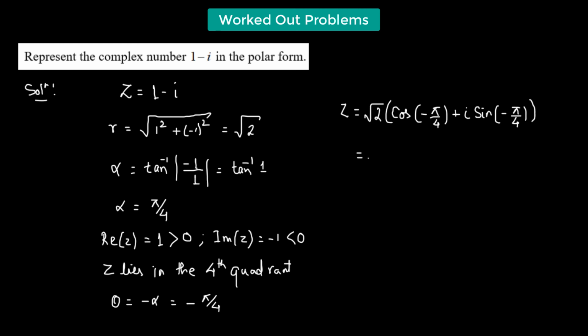That finally gives us square root of 2 times cosine of negative theta, which is always positive, so we have cosine pi over 4, and sine of negative theta is minus sine theta. So that gives us minus i sine pi by 4. So this is the polar representation of the complex number 1 minus i. Let's move on to the next question.